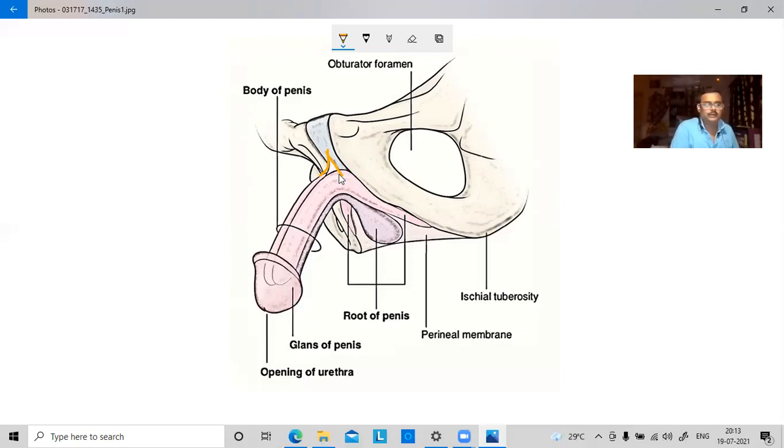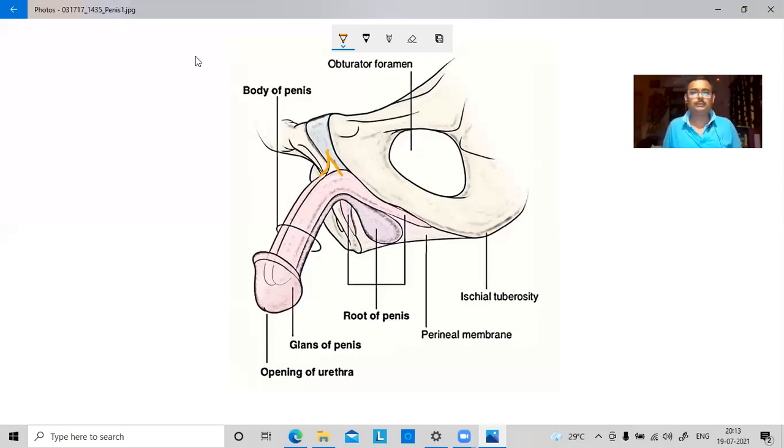One is the suspensory ligament, which is triangular, with its apex attached to the symphysis pubis, and the other is the fundiform ligament, whose upper end is attached to the linea alba and lower end continues with the fascia of the penis.